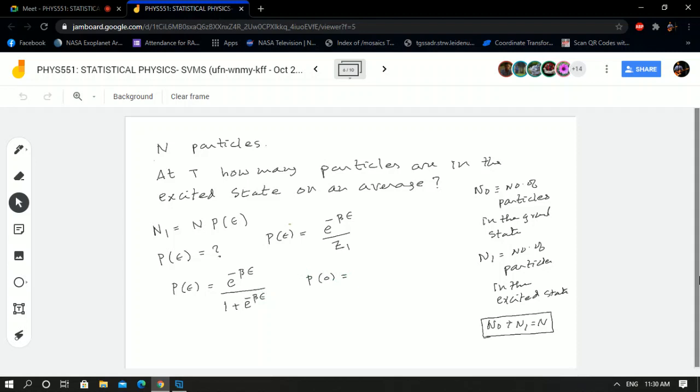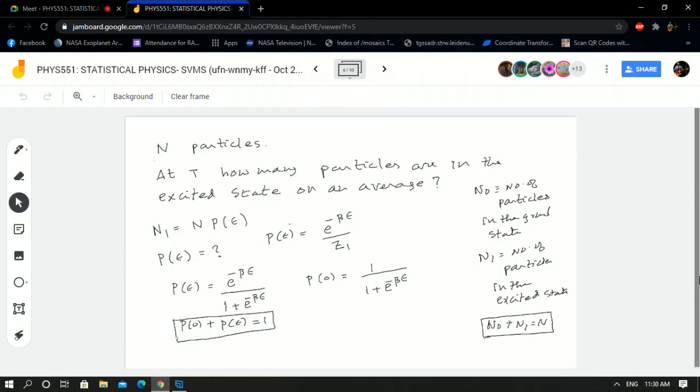That is simply 1 by 1 plus e to the minus beta epsilon. So when you write p of 0 plus p of epsilon, you get 1. Correct? That should be true. Okay.